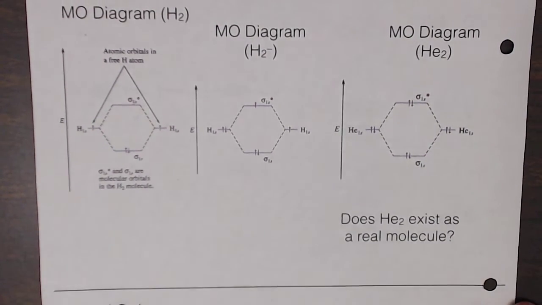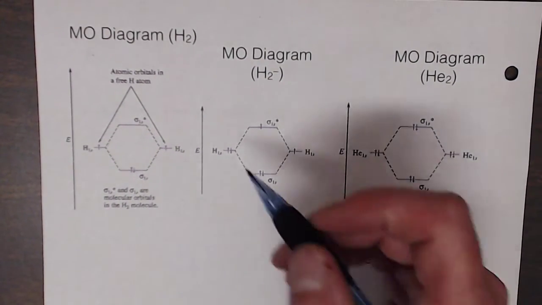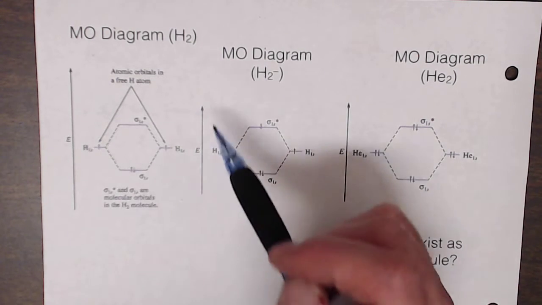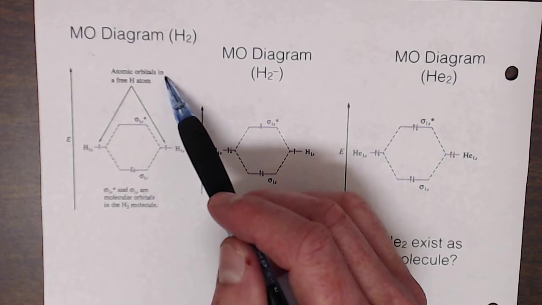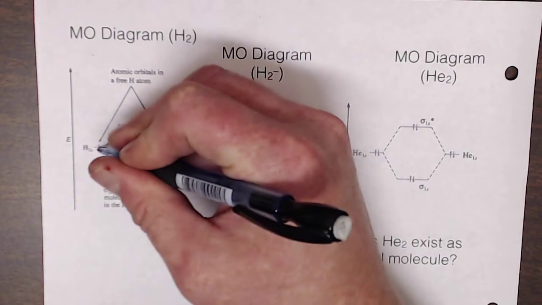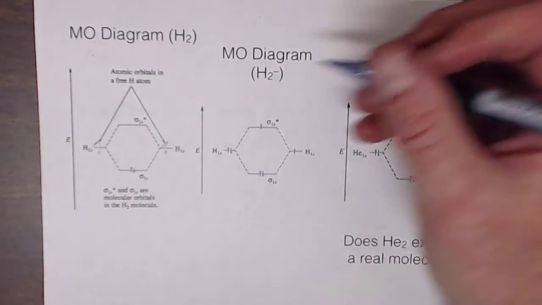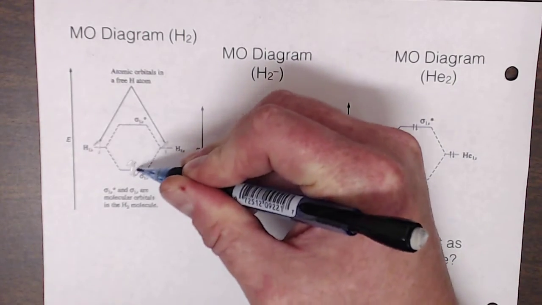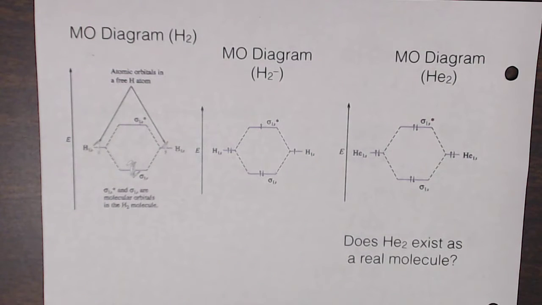Okay, so here is my H2 MO diagram, and remember, we start with an H 1s and an H 1s, the atomic orbitals in a free H atom, and there's an electron in each one of these, and so those electrons then get paired up to form the sigma bonding orbital.